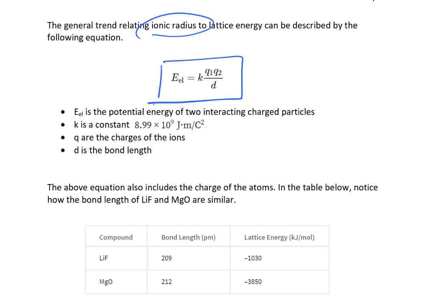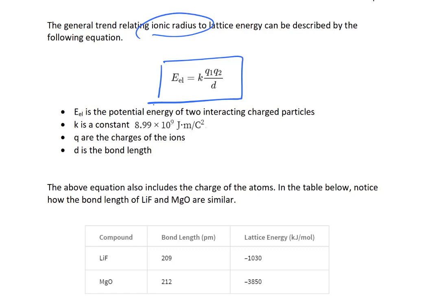The Q's are the charges of the ions. So maybe Q1 is the charge of your positive ion and Q2 is the charge of your negative ion. You would include the sign for each of those. And D is your bond length. So we can use this equation to start quantifying the energy that we should be expecting.